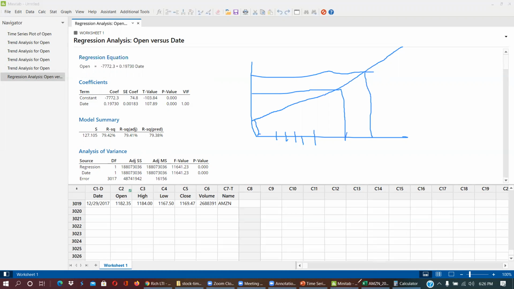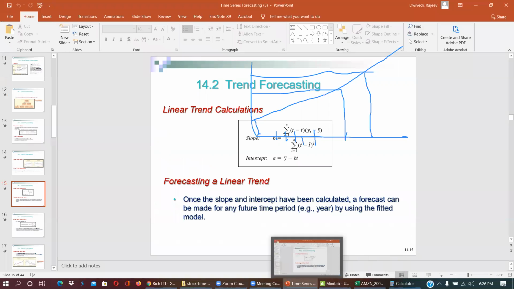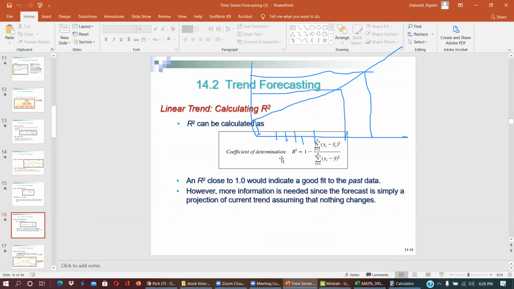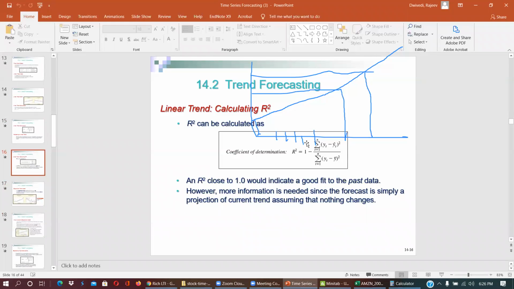So similarly, we can do trend forecasting here. We can use slope, intercept, forecasting a linear trend, coefficient of determination. If it is close to 1, like we learned in regression, it is a good fit to the past data. So we have almost 70%.